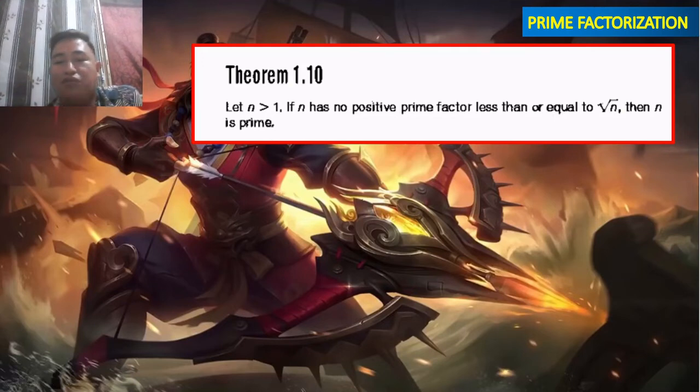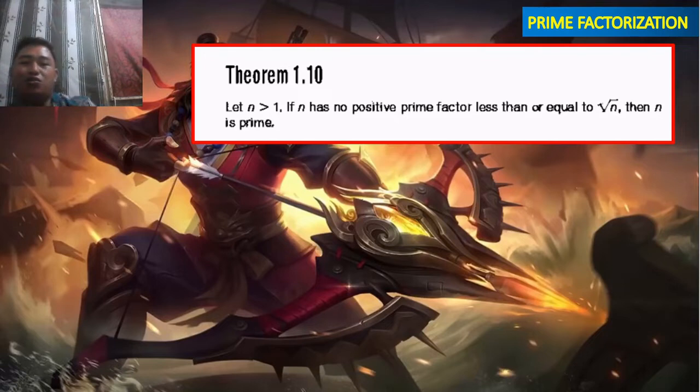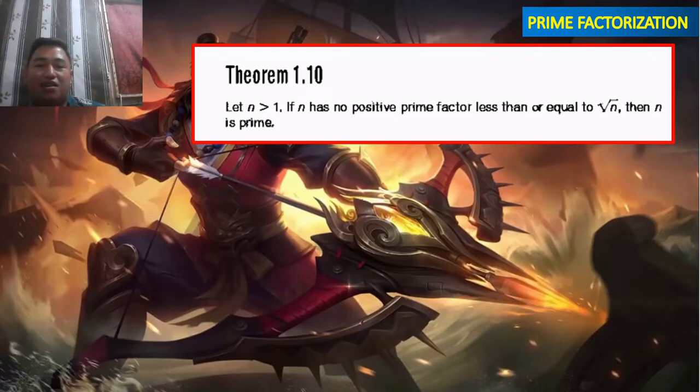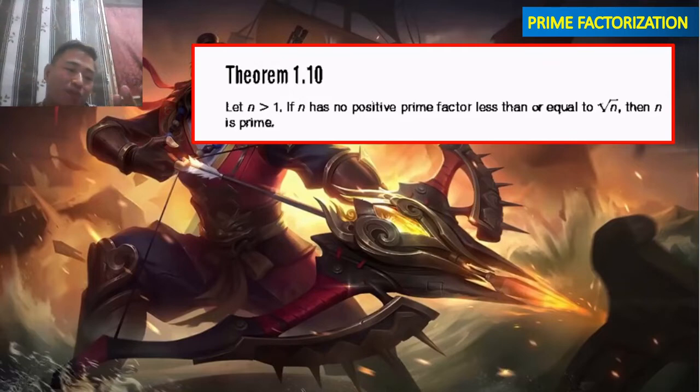Okay, dapat less than lang or equal to that number. Okay, let's try 50. Square root ni 50 class is 7 point something. So, ang mga pwede lang class kay si 2, si 3, si 5, ug 7 kay 7 point something man kay less than or equal man na siya class.